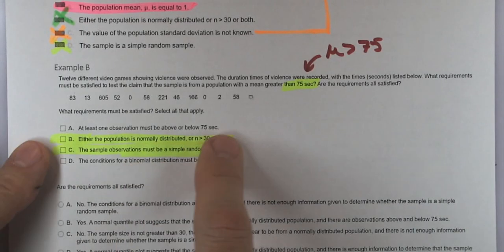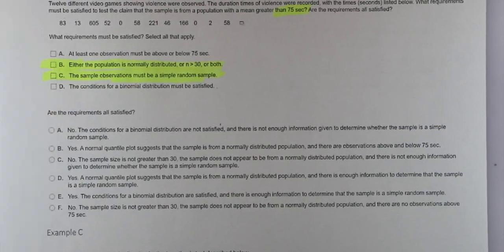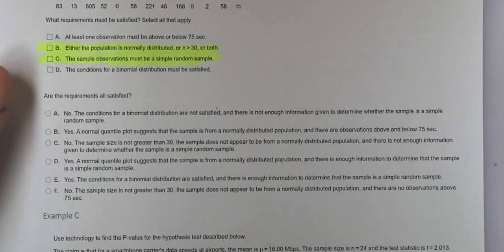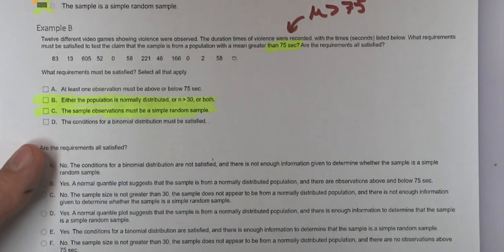So just these two. Now testing whether or not you have a simple random sample goes a little bit beyond us. We kind of have to rely on the problem or the book to tell us that we do have a simple random sample. But let's see if the requirements are satisfied. So it's either a yes or a no. Well, let's see here.